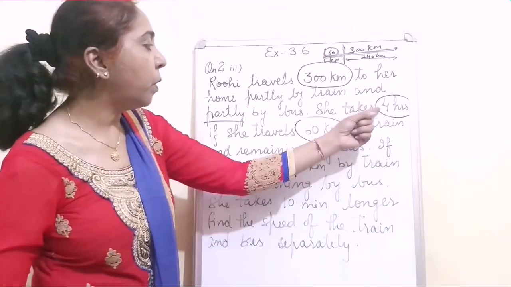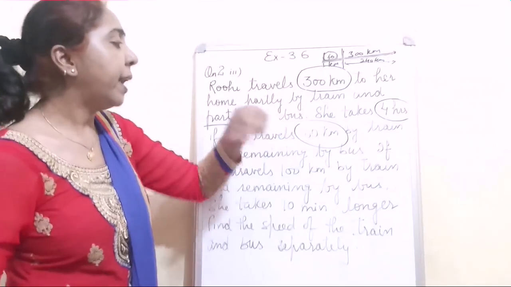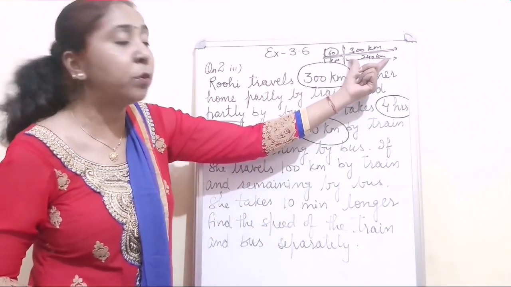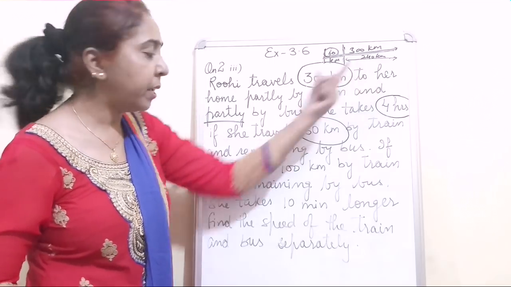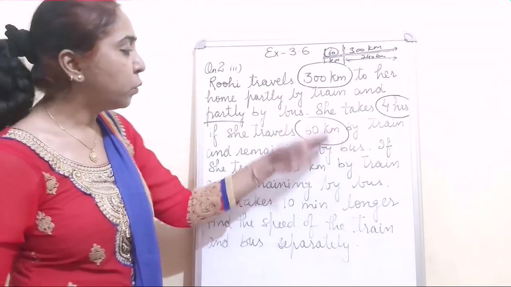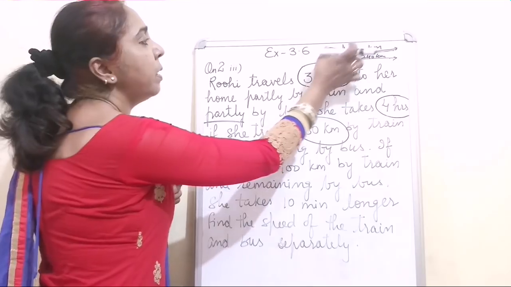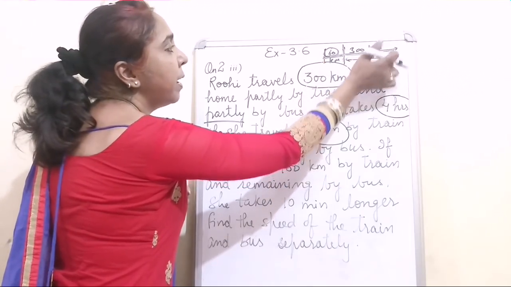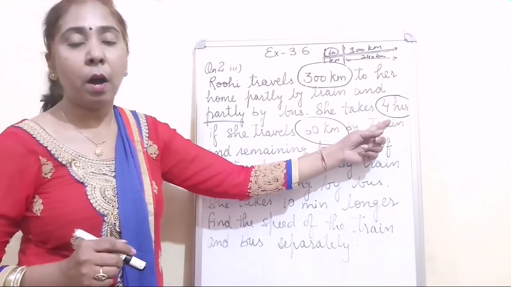Now she takes 4 hours if she travels 60 kilometers by train, and the rest of the distance you have to find out yourself. That is 300 minus 60, that is 240, and she is covering these 240 kilometers by the bus. So this is the first condition up to here, right? 60 kilometers by train, 240 kilometers by bus, and she is doing all these things in 4 hours.